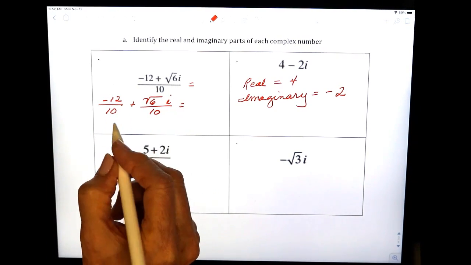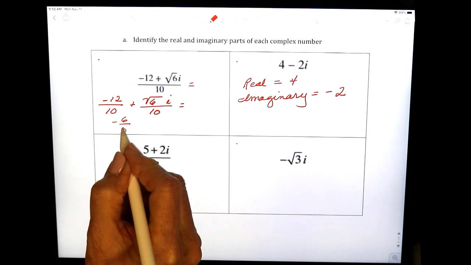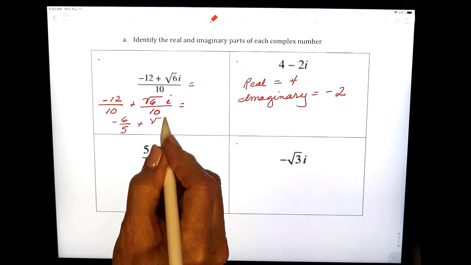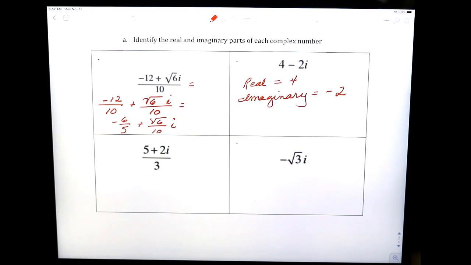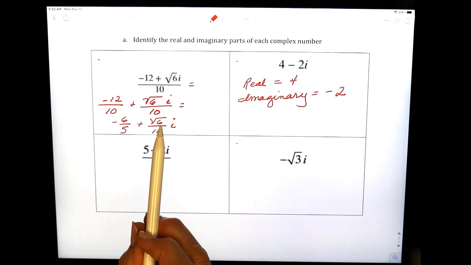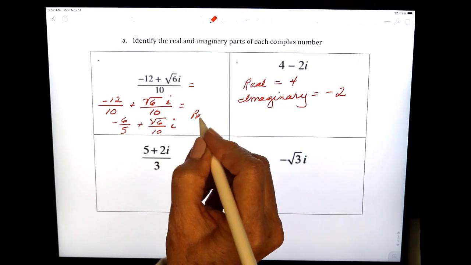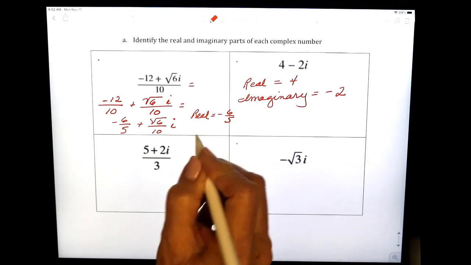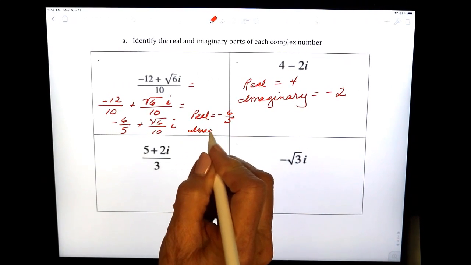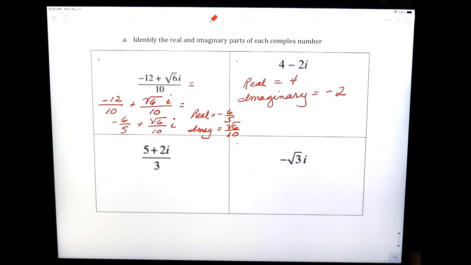This -12 over 10 will simplify down to -6 over 5, and then you just have to leave the second part of that as it stands. You cannot go canceling in here. That's not a 6. It's the square root of 6. So if you want to identify the real part of this one, it is the -6/5. And the imaginary part, I'll just abbreviate that, is the square root of 6 over 10.